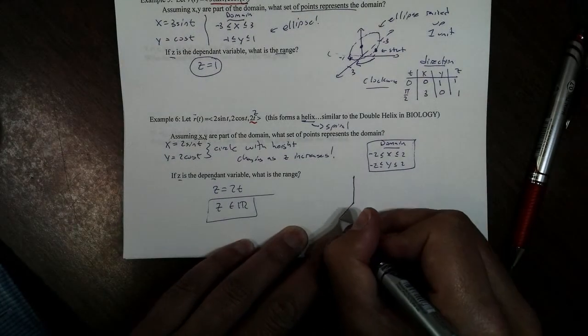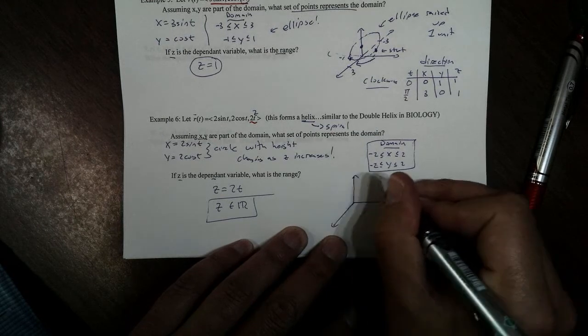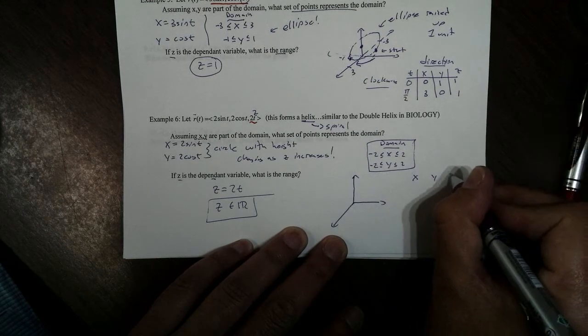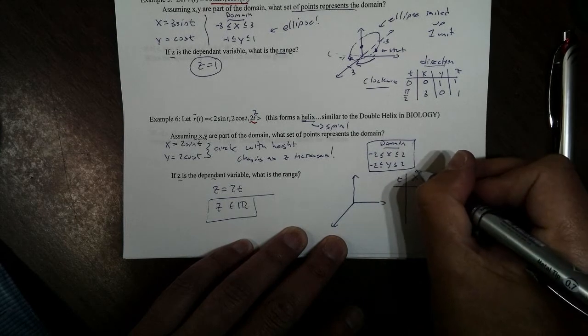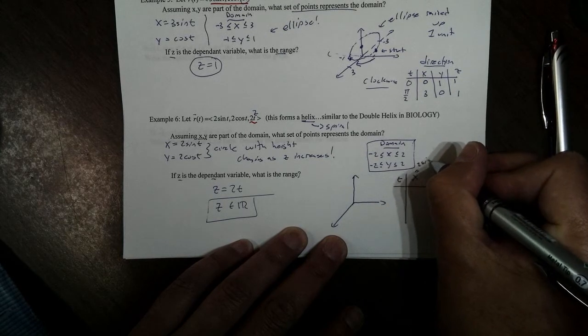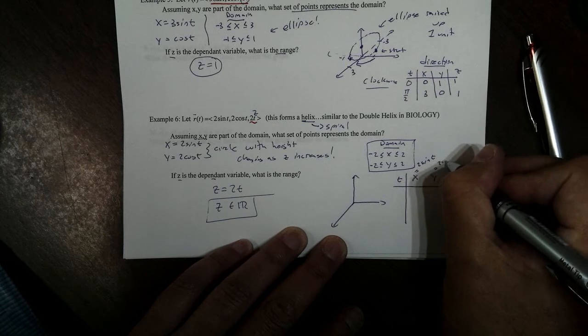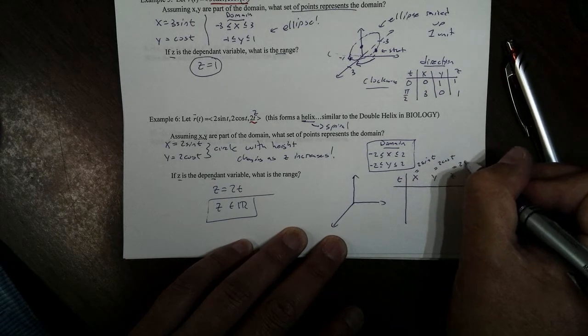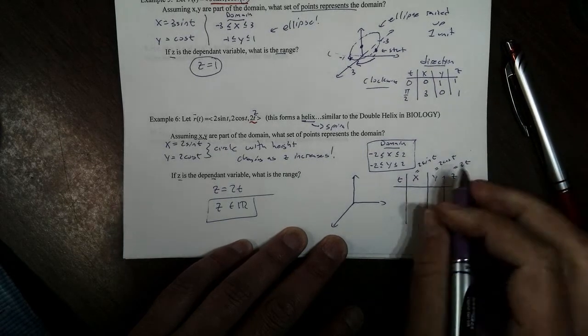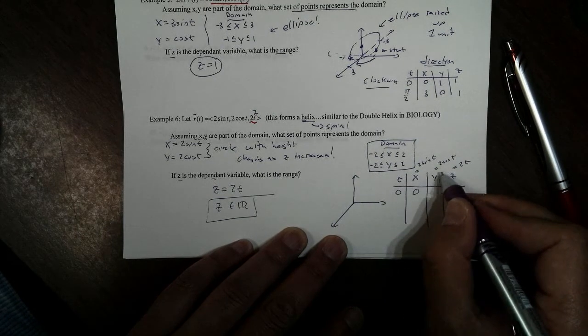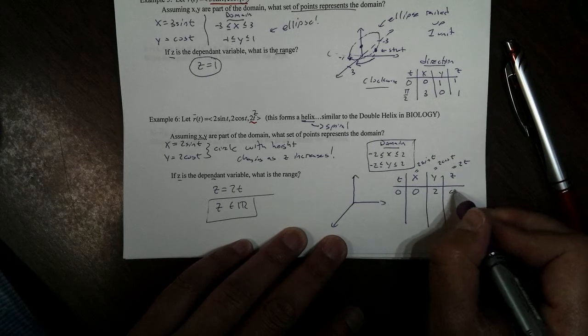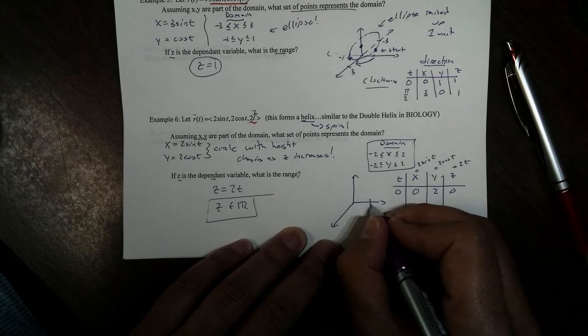So let's see what this would look like. Let's go ahead and graph this real quick. X, Y, Z, T. Remember, x is 2 sine t, y is 2 cosine t, z is 2t. So at 0, sine of t is 0, cosine of 0 is 1, so we get 0, 2. So on the y value, I'm starting at 2.